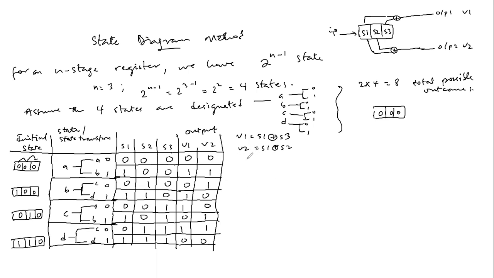So hence, this is a state table. And then we now design the state diagram. So we have state A here, then we have state B here, we have state C here, and then we have state D here. Okay, so when A moves to state A, the output is all zeros.